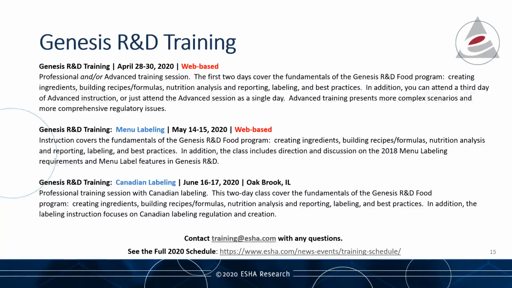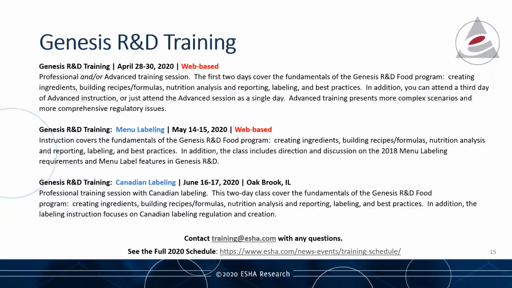And then one more to mention, we have a June training scheduled for Canadian labeling. At this point, it's listed at the Oak Brook training facility. Just be aware that that could change. We'll watch how things are going and update that as necessary, and the training team will reach out to anyone that needs information.